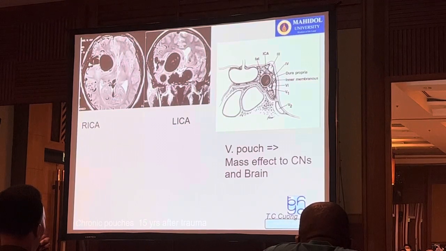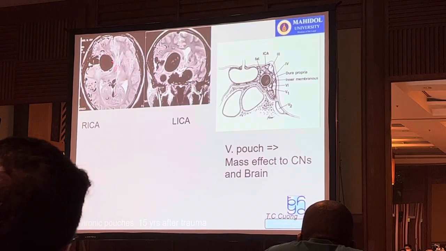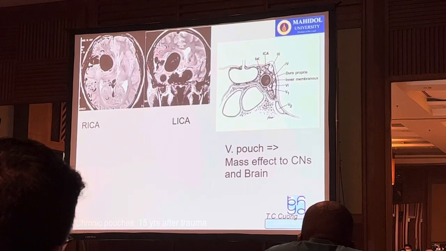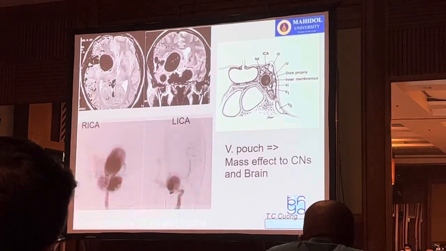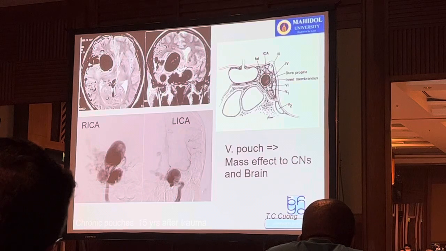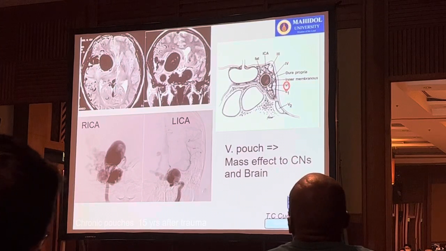Remember this, for example, the case from Vietnam again, where we have a good friend. You see the big pouch, one even extending above to affect the brain, and bilateral cavernous mass effect was there. And this is the angio where you can see how large the mass effect can be. Of course, the first cranial nerve to be involved is the sixth nerve.